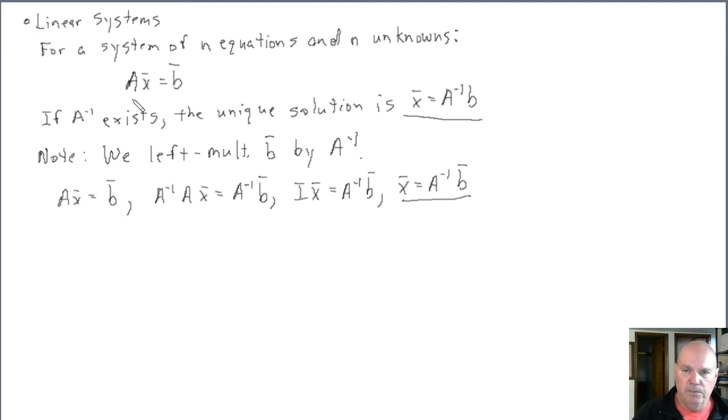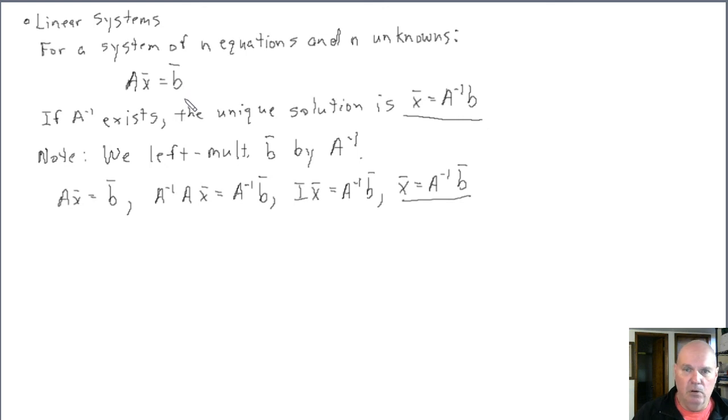Having said that, there are a couple of cases where you may want to find the inverse matrix. If you think back to when we applied linear systems to our flow networks, the left-hand side here was determined by the structure of the network. The right-hand side were just the constants, the flows into and out of the system.